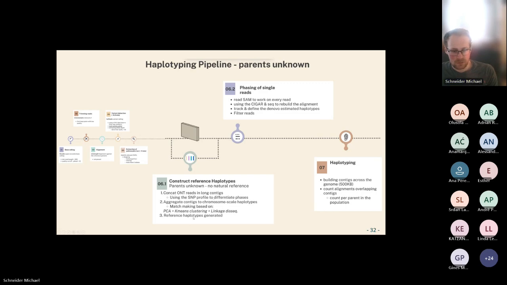Usually you make use of principal component or k-means clustering of these specific reads, to get a probability of reads that are more likely to be collinear. And once you have done this, you proceed with what you have done before: you phase your single reads according to your reference, and then you run this haplotyping step.